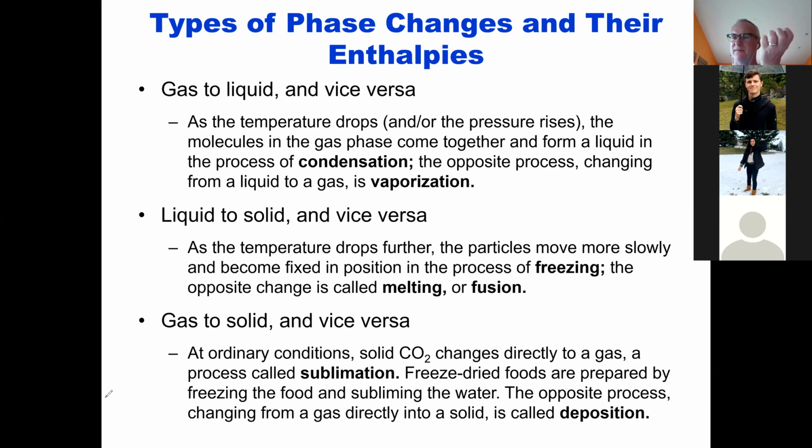When I condense from a gas to a liquid, what's the sign of the enthalpy of that reaction? Is that going to be positive for endothermic or negative for exothermic?